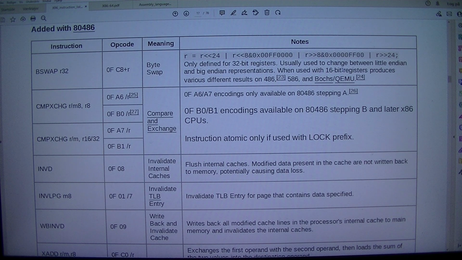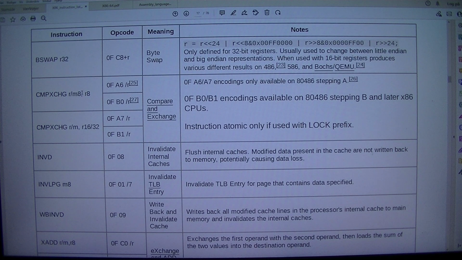Usually used to change between little endian and big endian representations. When used with 16-bit registers, produces various different results on 486, 586, and Bochs/QEMU.